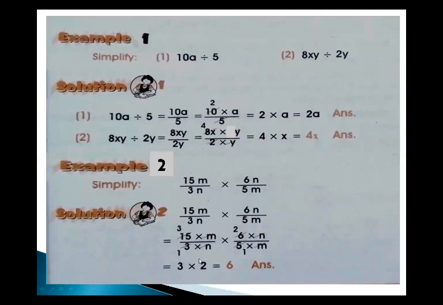So the simplified answer of 15m divided by 3n multiplied by 6n divided by 5m is 3 to the 6. Good. This example is also given in your book. You just practice this example, then you can easily solve the other questions which are given in your book exercise.